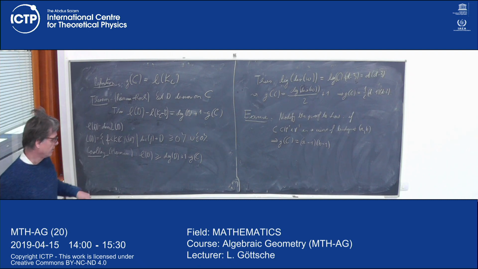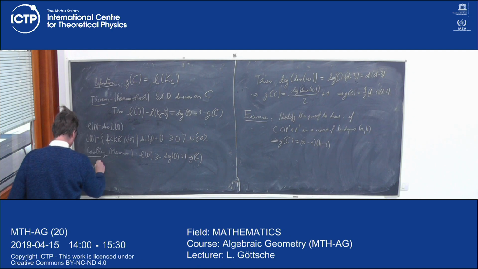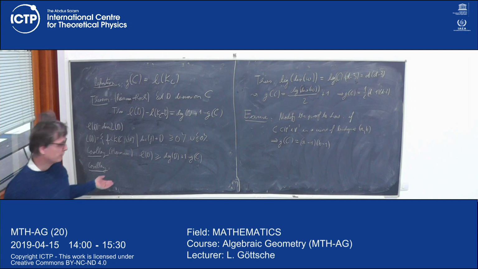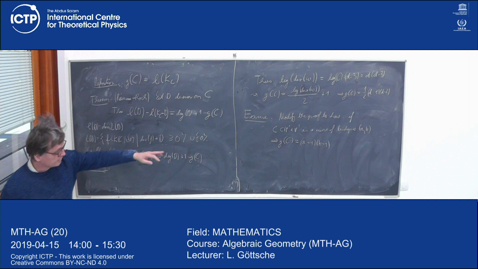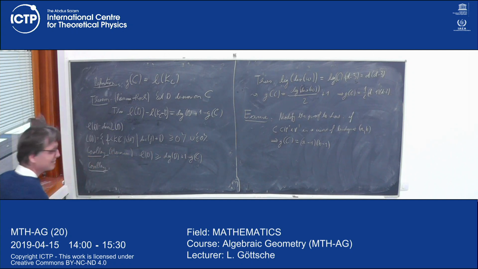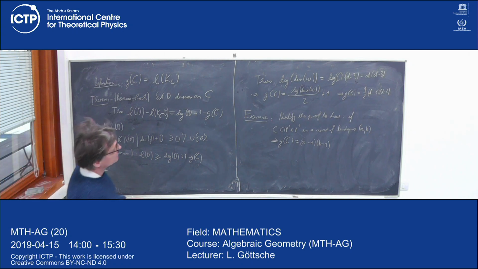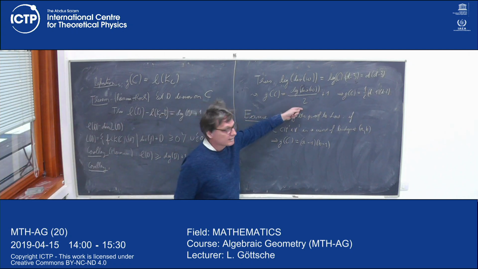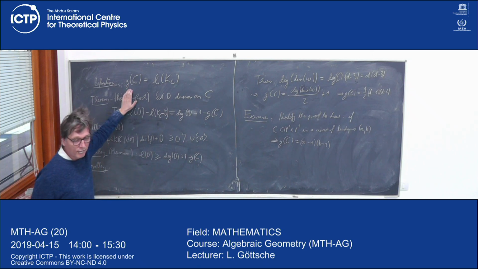Anyway, another corollary is that my two definitions of genus are the same. I had the genus before as this, and now I've given you another definition. Obviously, this only makes sense if they are equal.